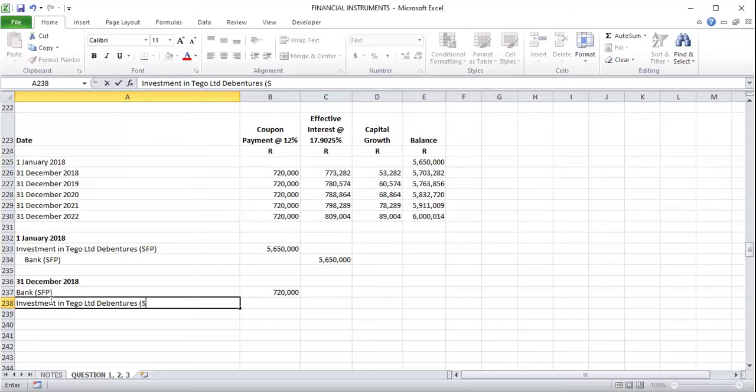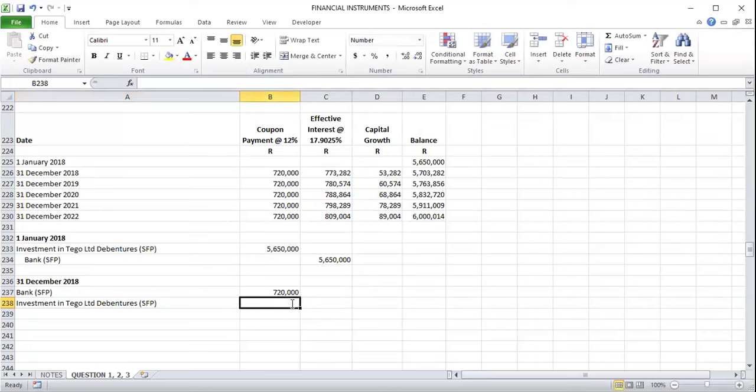Remember, I told you that there's a difference if the PV is less or more than the FV. As long as the FV is more, then we'll be debiting the investment with the capital growth. There will be capital growth. But if the PV is more, there will be capital repayment, which will be credited to the investment. So here we'll debit, that is the first line on that date.